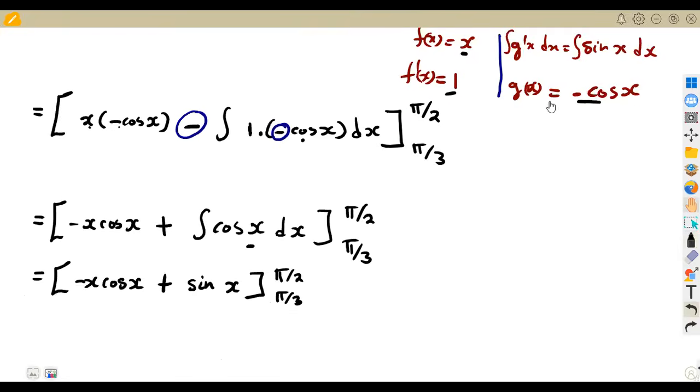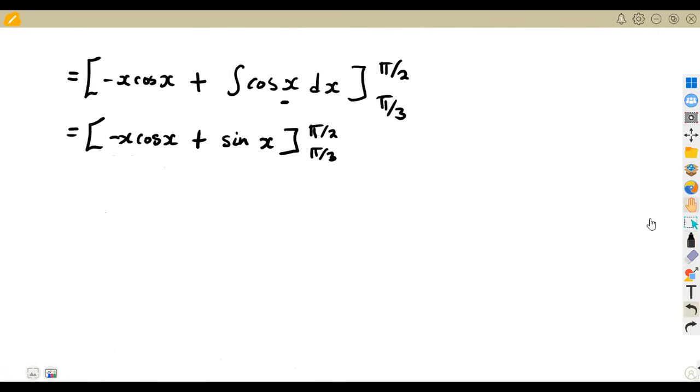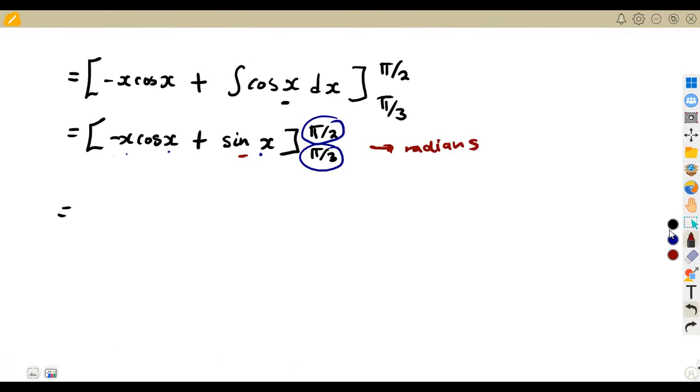So if we are to consider this part that we have now, this is where we are supposed to go back to our limits. We have our upper limit and our lower limit. In place of x, we substitute the upper limit first, making sure that if you're dealing with trig, you have your calculator in radians. So that means we are going to have negative upper limit, which is pi over 2.